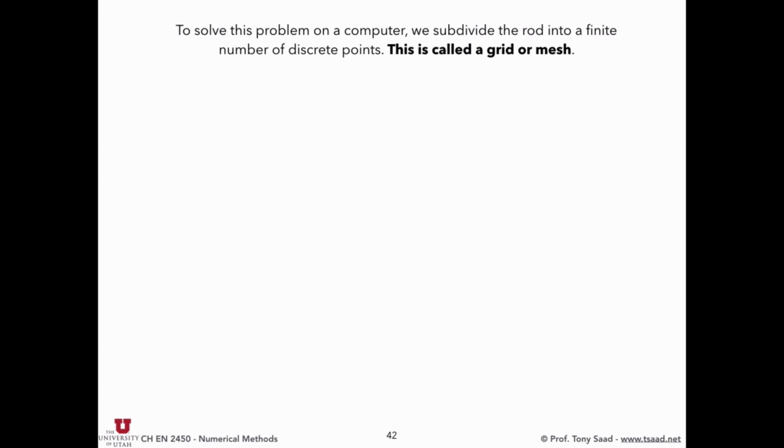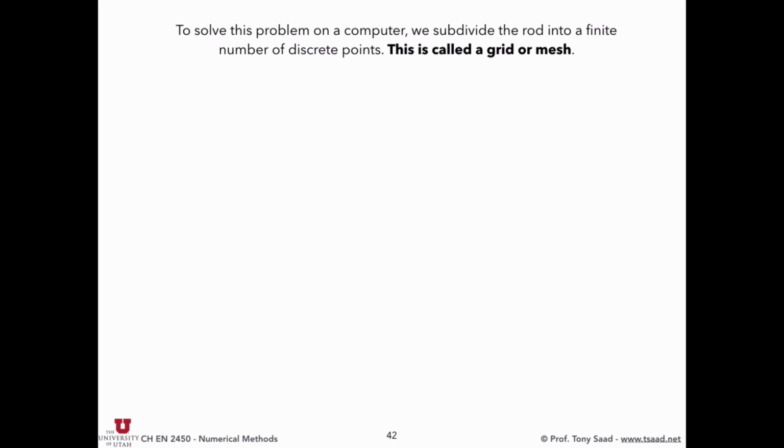Okay, so to solve this problem on a computer, we first need to deal with arrays and things that are discrete, and I still have a laugh when I use the word discrete, because the first lecture was about solving things in a very discrete manner. Anyway, the process would be to subdivide the rod, or the object you have, into a discrete set of points.